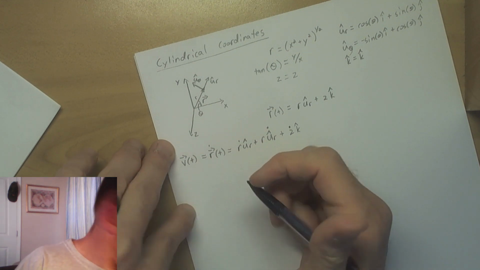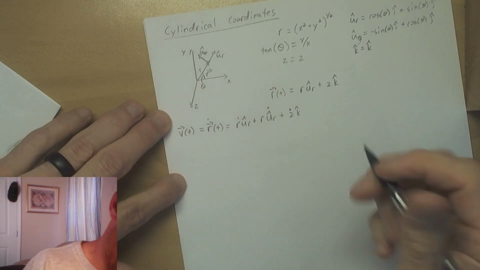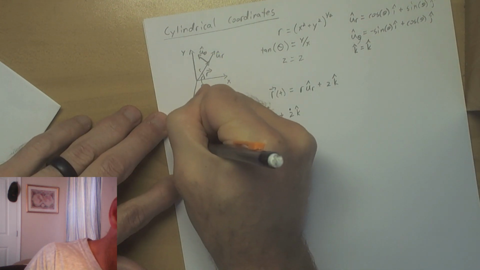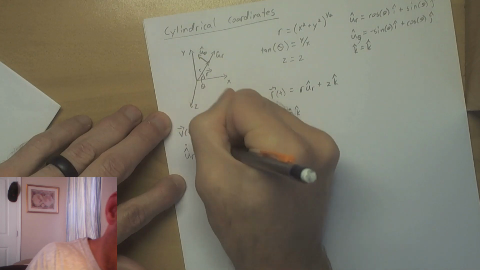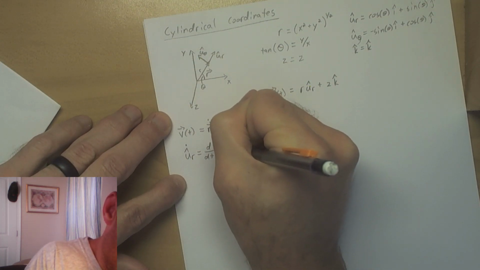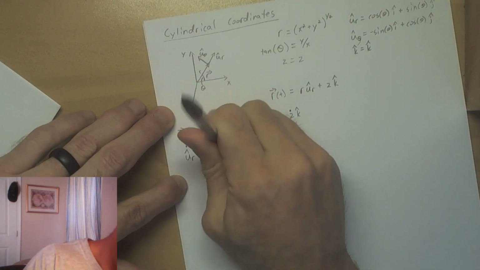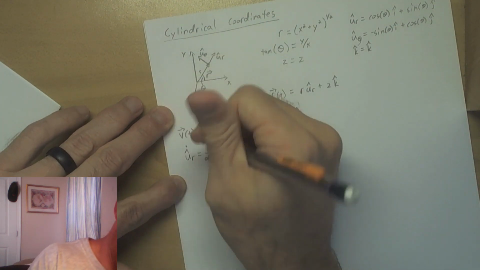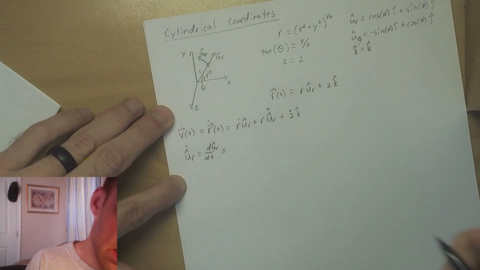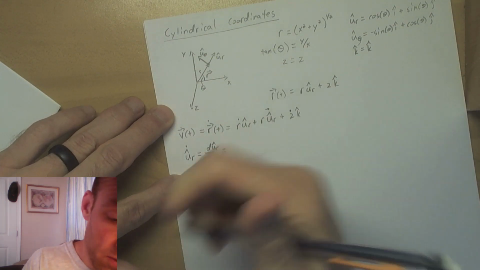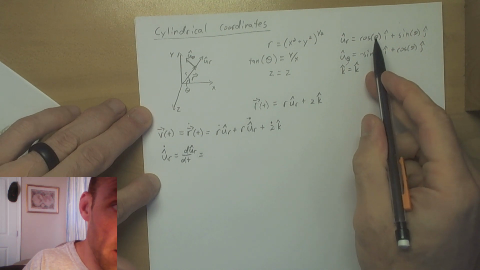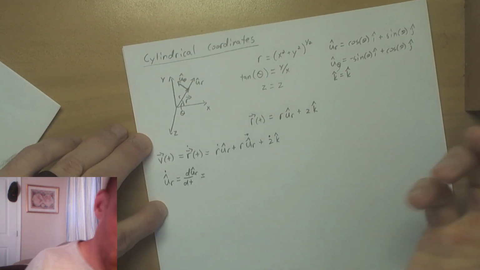So this is an instance where we're going to apply the chain rule. So u sub r dot is equal to, so that is the d/dt of u sub r. It might be a little easier to understand here if I do it like this. And if you remember, we can sort of reverse the chain rule. So this u sub r is a function of theta. Theta is a function of time, usually.